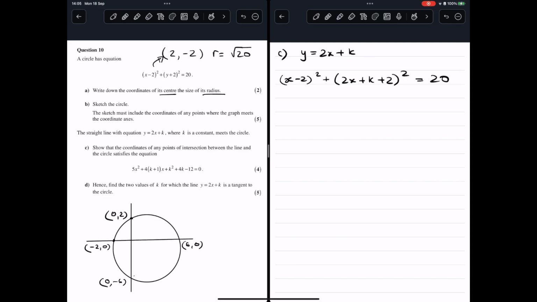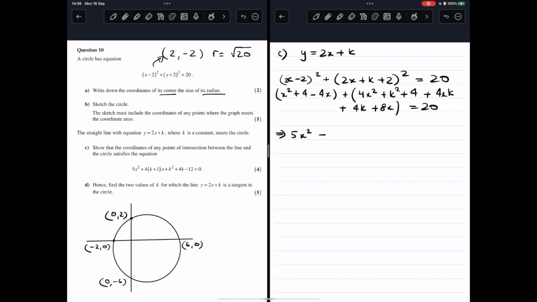That gives me x squared plus 4 minus 4x for my first bracket. For the second bracket, I'll expand carefully, and it gives 4x squared plus k squared plus 4, followed by 4xk plus 4k plus 8x, equals 20.